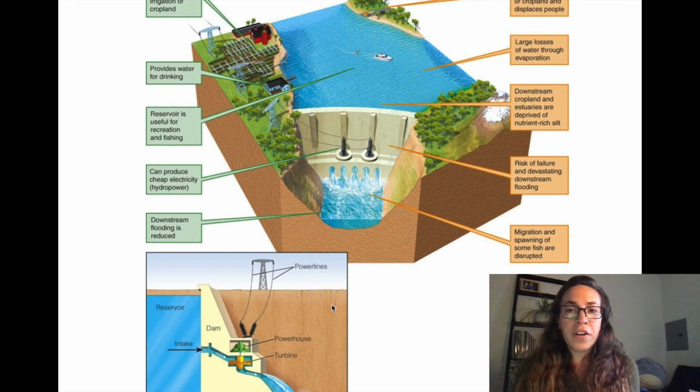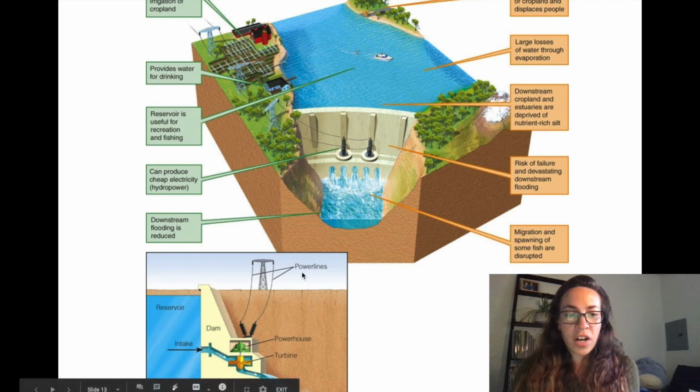If you had farmland or estuaries or cropland or ecosystems downstream, now they're being deprived of the amount of water they used to get, as well as some of the nutrients that they used to get. If a dam fails, and they do, it can be catastrophic downstream, and fish, anadromous fish, and other fish are going to have difficulties moving over a dam, whether they're going up or they're going down.